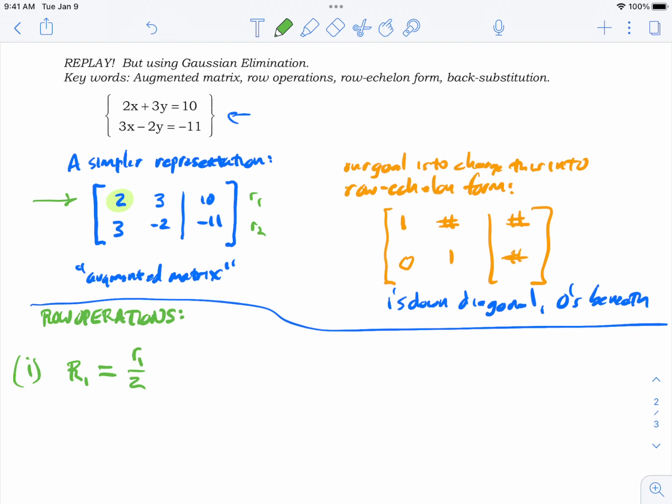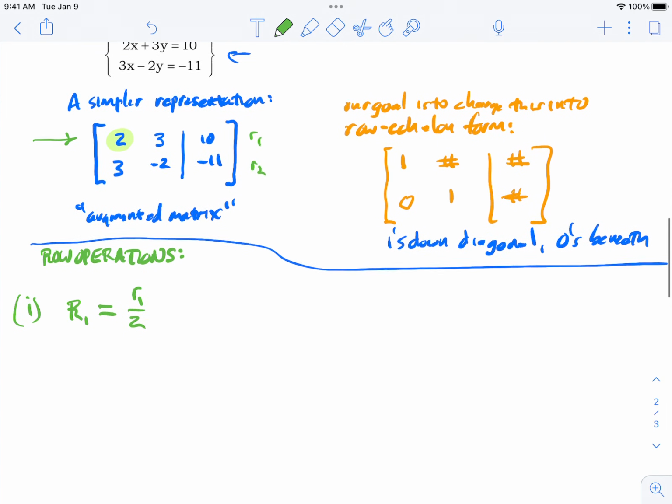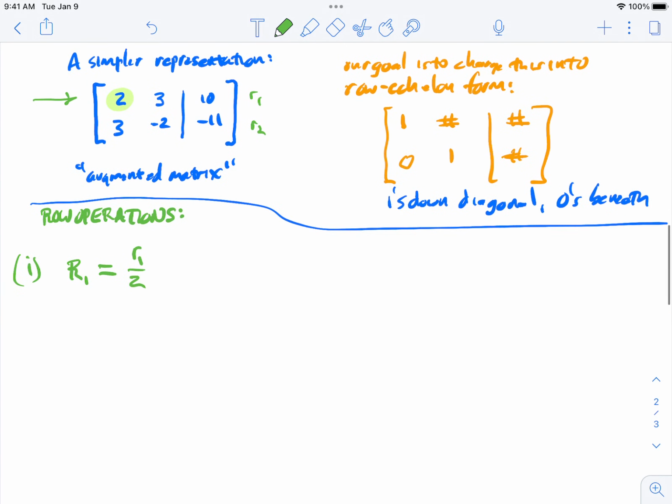Again, think back: we're taking 2x plus 3y equals 10 and dividing every term by 2, because that's legal. It gives us our 1x just like we like. One of the reasons they call it a row operation is because we do that to all the numbers in the row. We take the 2 and divide by 2 to get a 1.